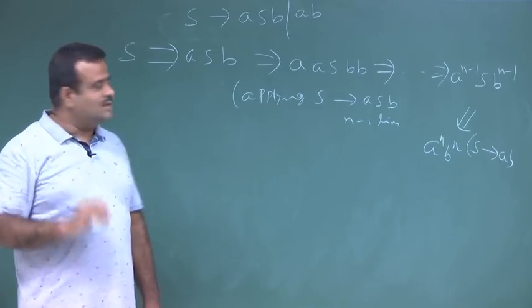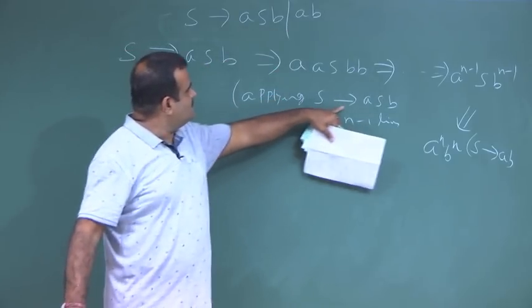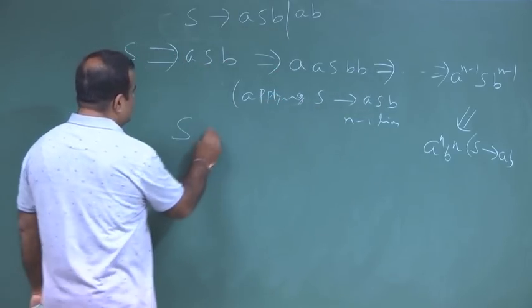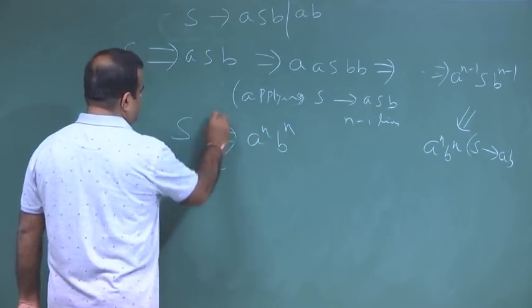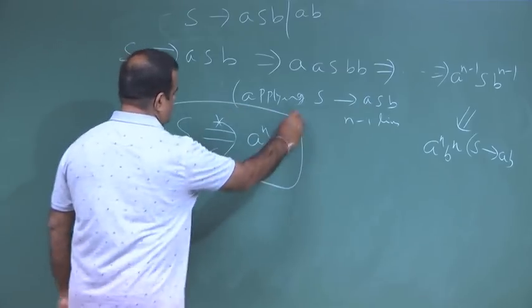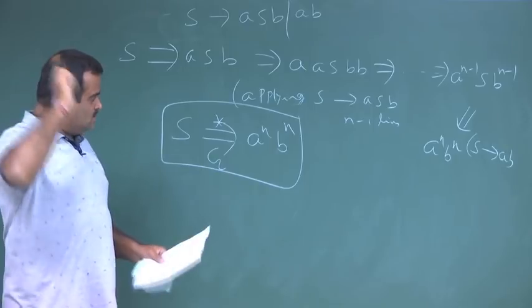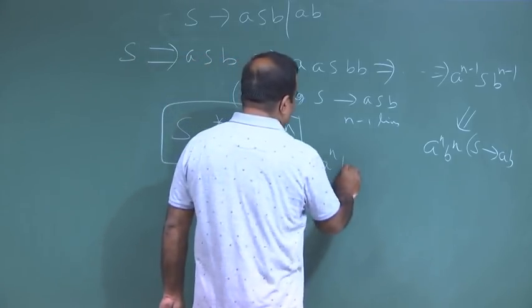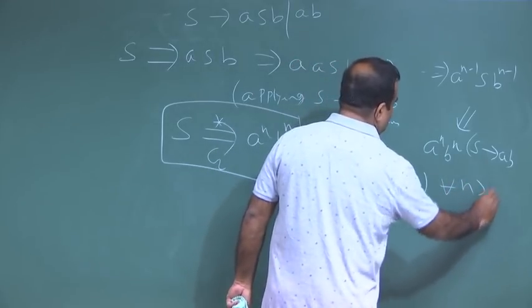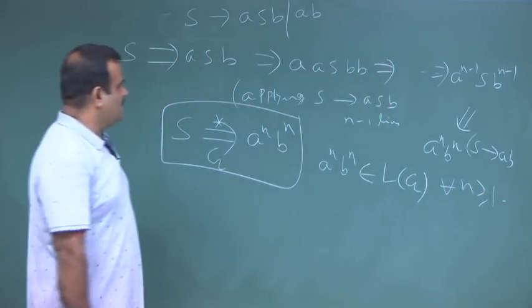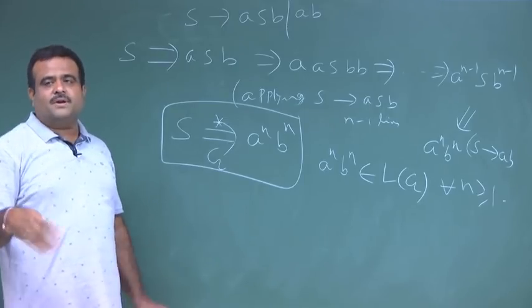If n is 1, that means we do not apply the first rule, we go for the other rule, so it is applied 0 times. That means a to the power n and b to the power n belongs to L of G for all n greater than or equal to 1.